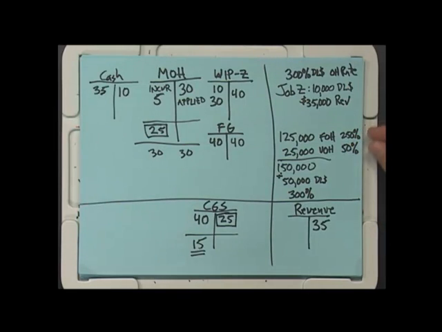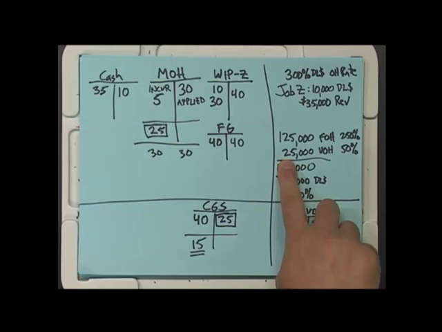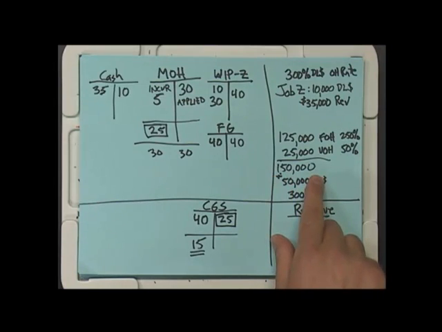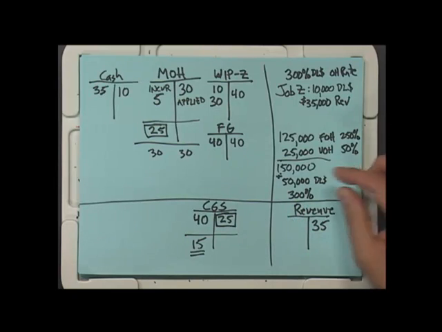Now that 300% rate came from the assumption that we have 125,000 in fixed overhead and 25,000 in variable overhead, and we were spreading the whole 150,000 over an activity base of 50,000 direct labor dollars, and that's how we got to that rate of 300%.